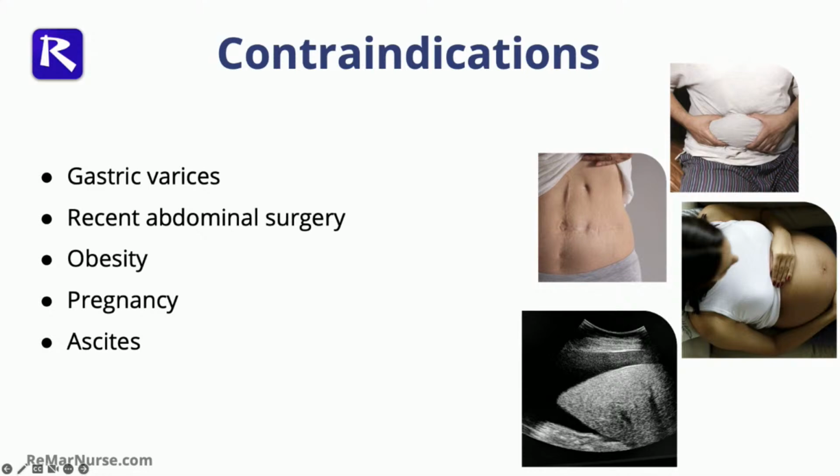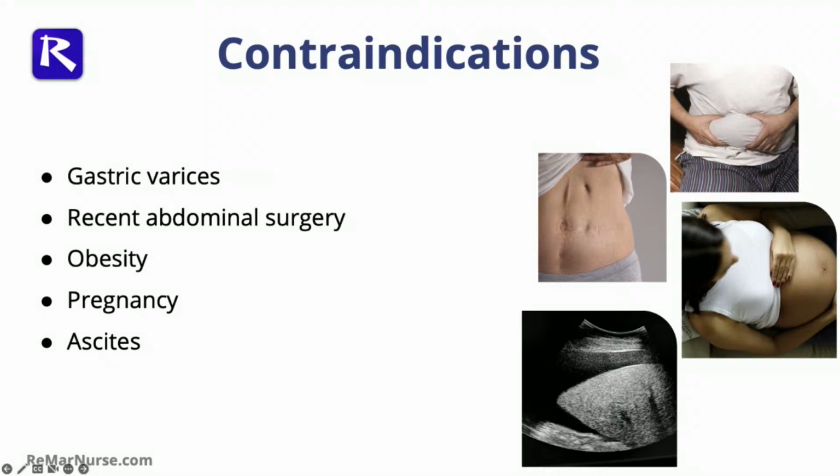Ascites can also be considered a contraindication, because what do we have? All right, we have the presence of additional fluid in the abdominal cavity. So if we put in a tube, we may have a fear that the patient may leak abdominal fluid, which puts them at risk for peritonitis.